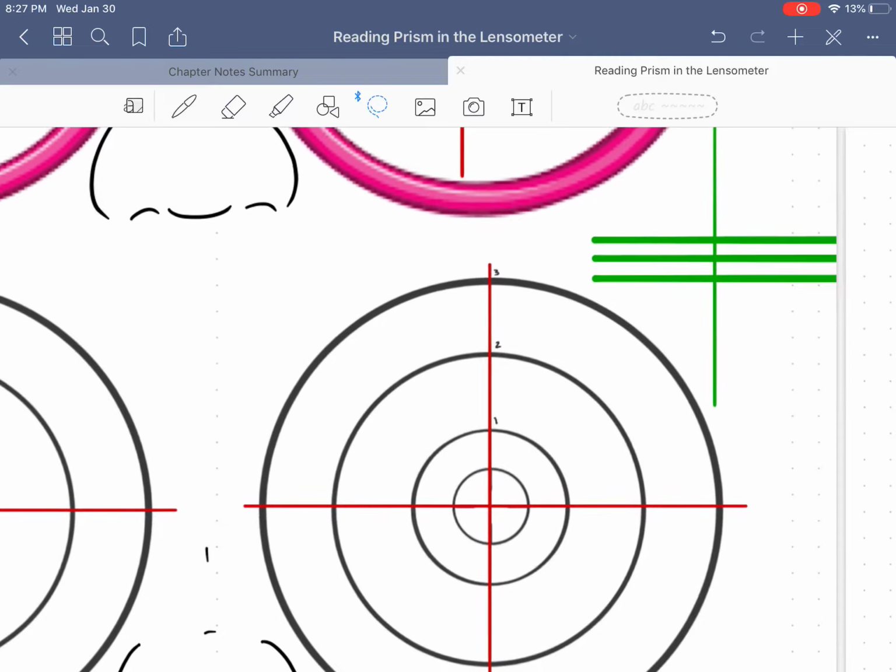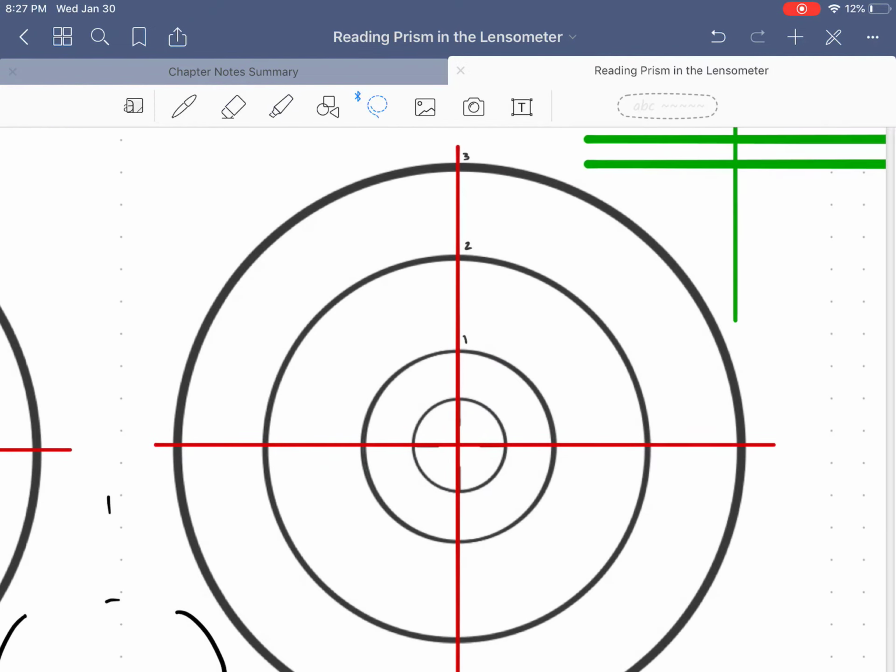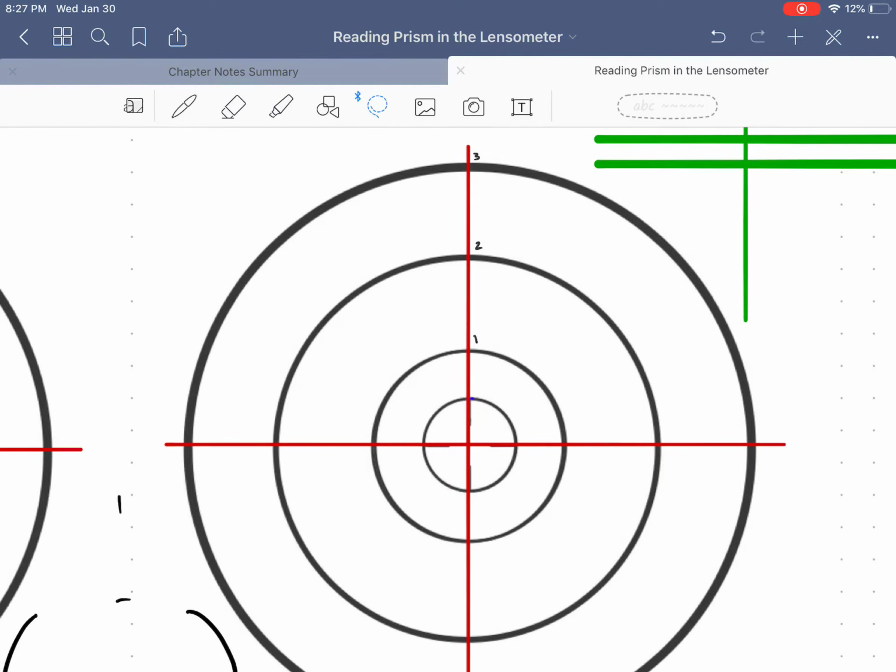So if we zoom in here and look at this target, remember this was the half, and then the rest of them are marked 1, 2, and 3. In between 2 whole amounts, for say between 1 and 2, we have tenths of a diopter.